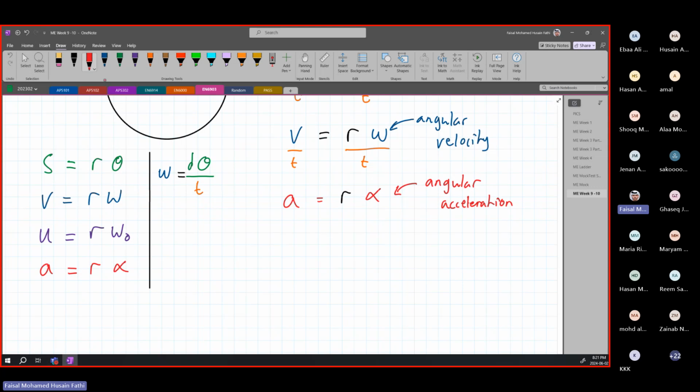And for acceleration, it is equal to the change of omega over time. It is basically the exact same thing. This is not A, this is alpha. Basically the same thing that we did in linear motion.